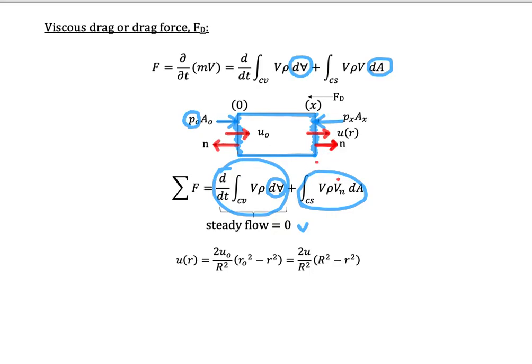So the direction of the n axis must be from the surface to the outside. If the surface is here, the n axis must be from the surface outward like this one. This is the surface, so it must point from the surface outward like this one.